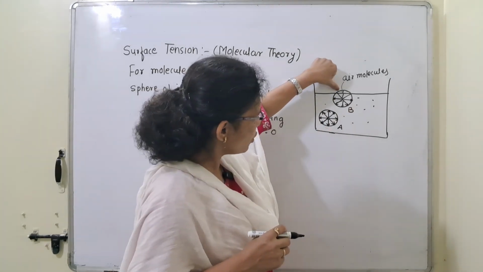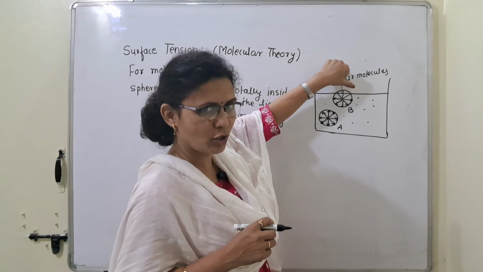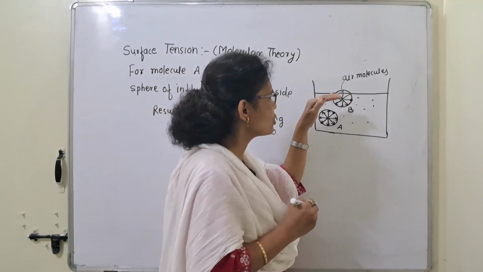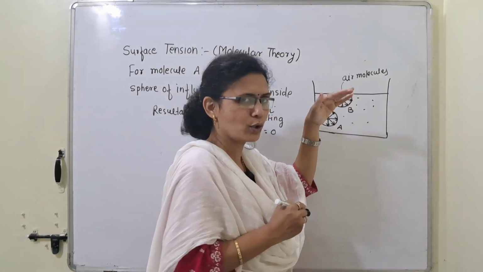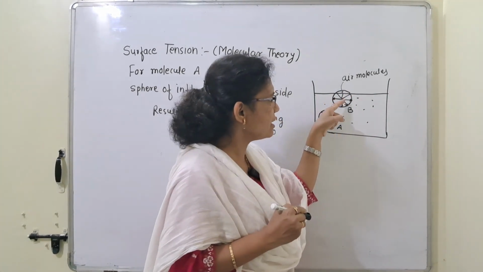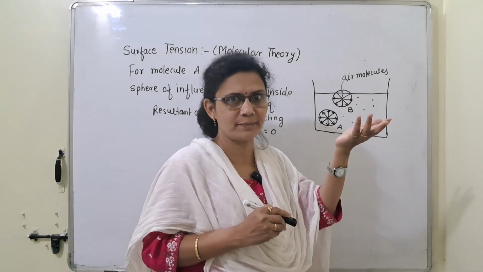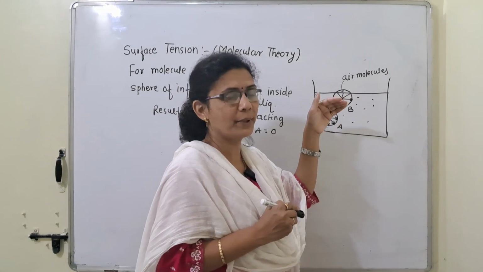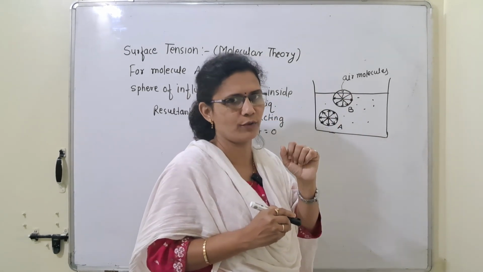एक लक्षात घ्या, हा जो वरचा छोटासा पार्ट आहे स्पियर ऑफ इन्फ्लुएन्सचा त्याच्यात एअर मोलिक्युल्स असणार आहेत, बरोबर, आणि हा जो मोठा पार्ट आहे स्पियर ऑफ इन्फ्लुएन्सचा तो आतमध्ये असणार आहे लिक्विड मध्ये. म्हणजे लिक्विडमध्ये असलेले जे काही मोलिक्युल्स आहेत त्यांची संख्या जास्त आहे कंपेअर टू दिस मोलिक्युल्स in upper part, small part of that sphere of influence.